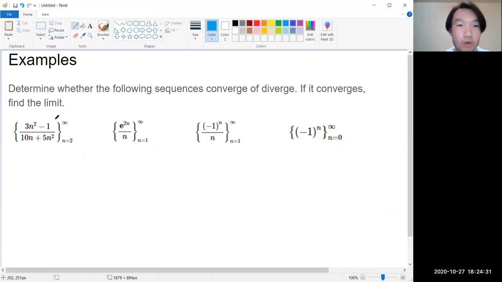All right, so the first sequence is 3n squared minus 1 divided by 10n plus 5n squared. Okay. So just so we know what we're talking about, can someone tell me maybe the first, I don't know, 2 numbers in this sequence? What's the first number?